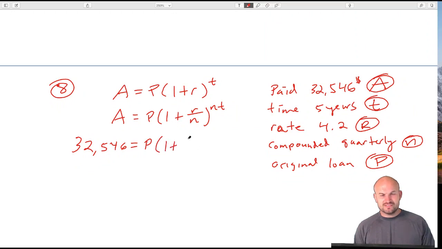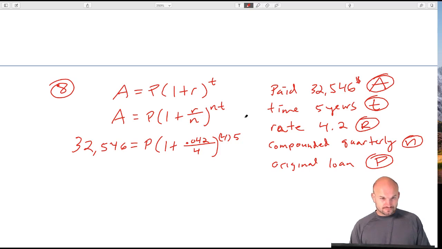So 1 plus, not 4.2, that's 0.042. Divide by 4. Raised to the 4 times t, which is 5.